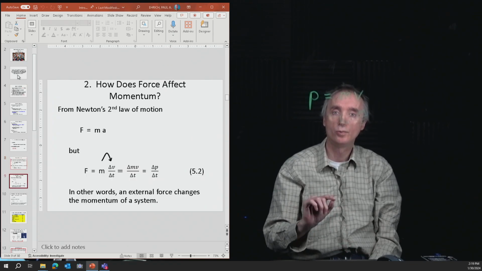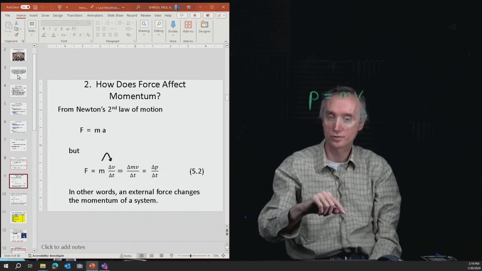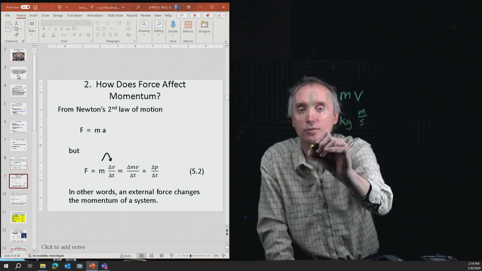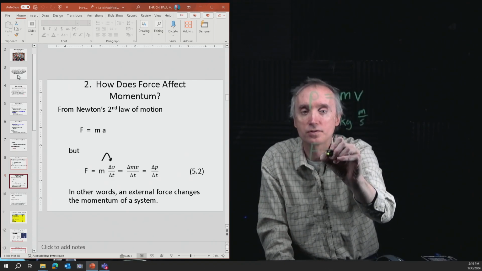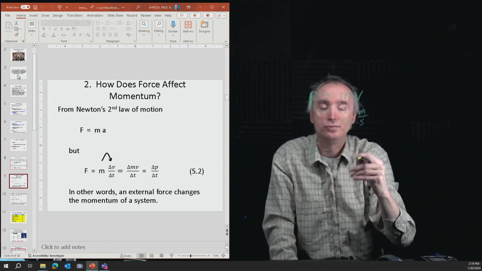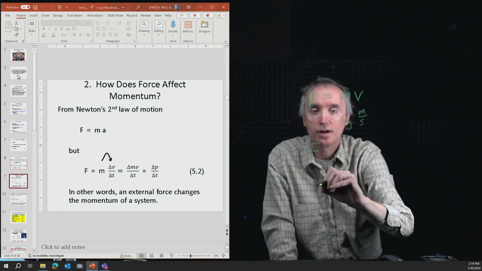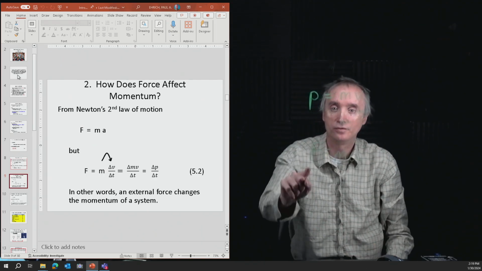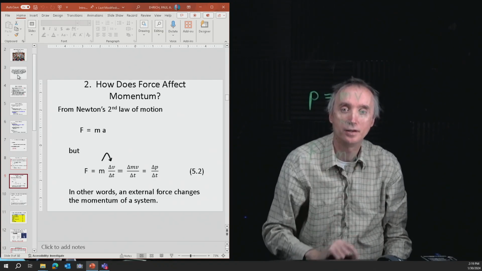Okay, now what we want to do is relate momentum to force, which is going to be very important. So you should now know that force, according to Newton's second law, is going to be equal to the mass of an object times its acceleration. So forces cause masses to accelerate.